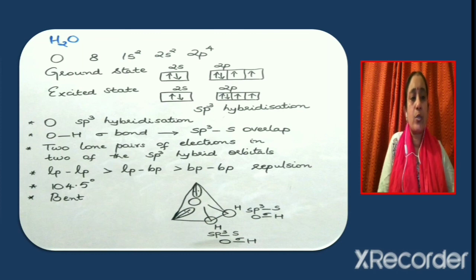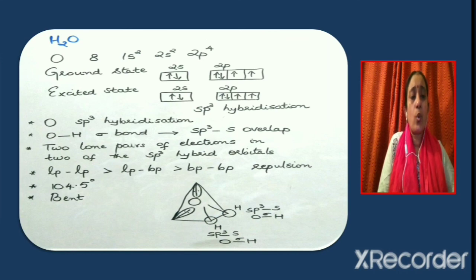There is no promotion of electrons. Note that the 2s orbital has a pair of electrons and a pair of electrons is also present in one of the 2p orbitals. Here, one 2s orbital and 3 2p orbitals will mix together to give 4 sp3 hybrid orbitals. So here oxygen is under sp3 hybridized state.